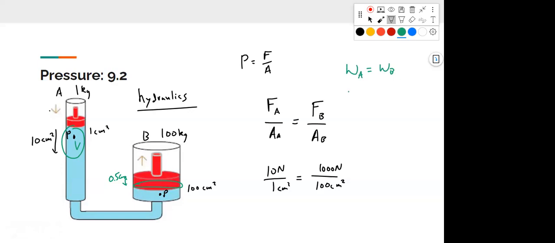Whatever force we're applying here times the distance we apply it over has to equal the force we apply here times the distance we apply it over. And that distance idea just comes from the fact that the volume of fluid leaving the left side is the same volume of fluid that's filling the right side.